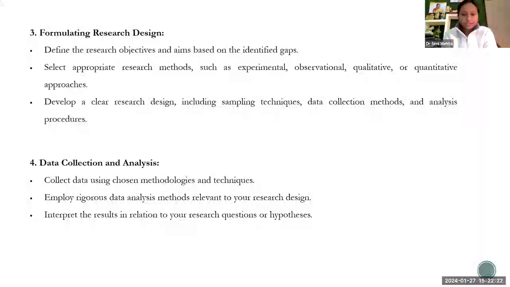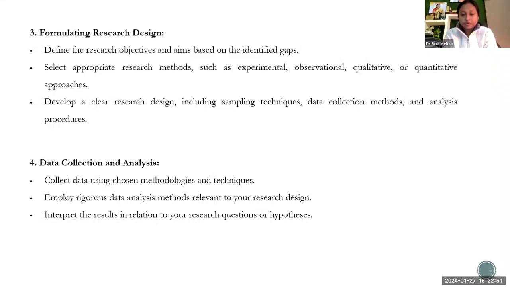After we have done a brief literature review for the initial ideas exploration, we'll move on to what kind of research design we want. You'll have to have research objectives and aims based on the identified gaps. And based on what kind of research you intend to perform, you have to select the appropriate research methods.